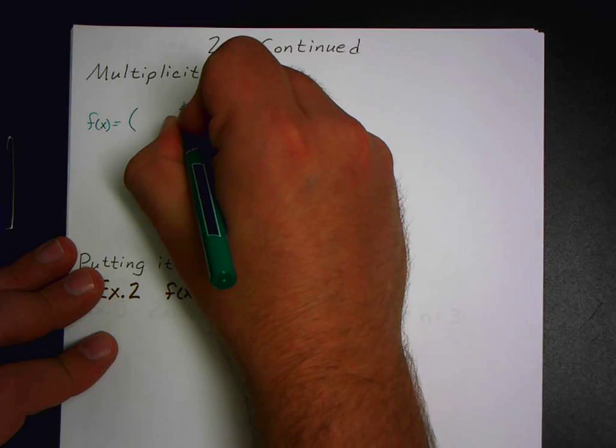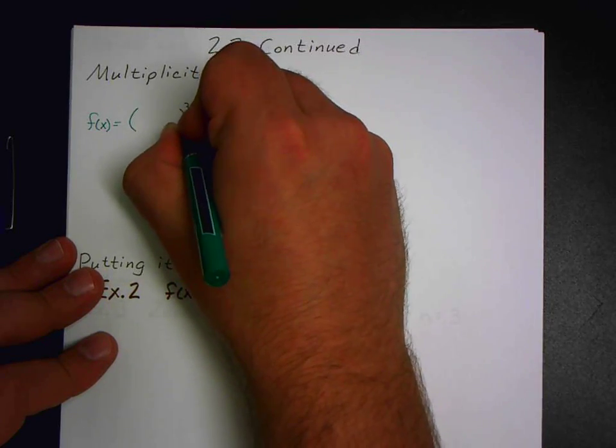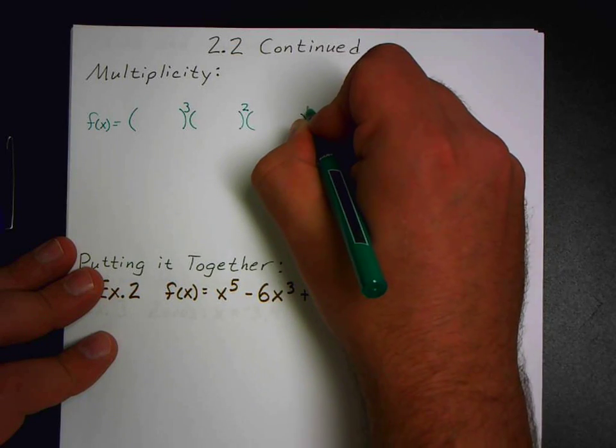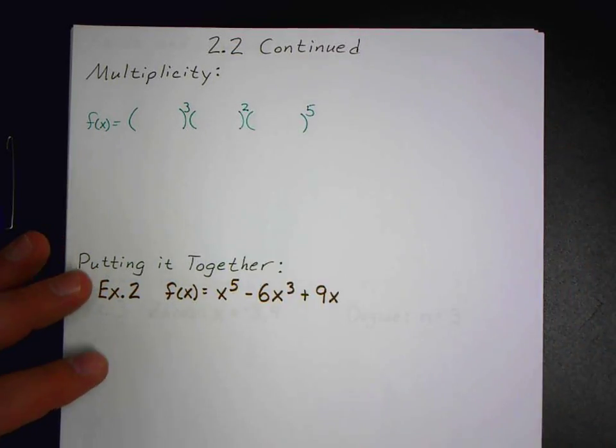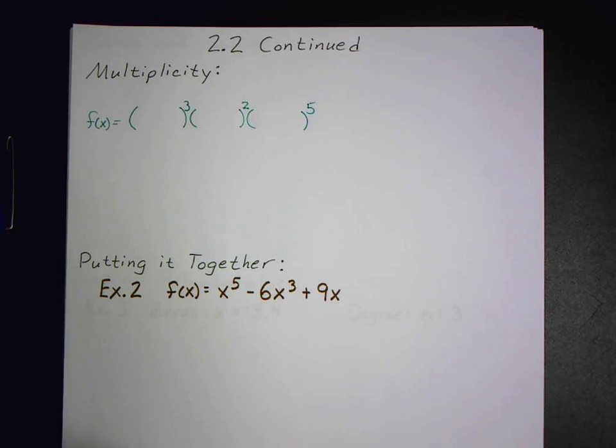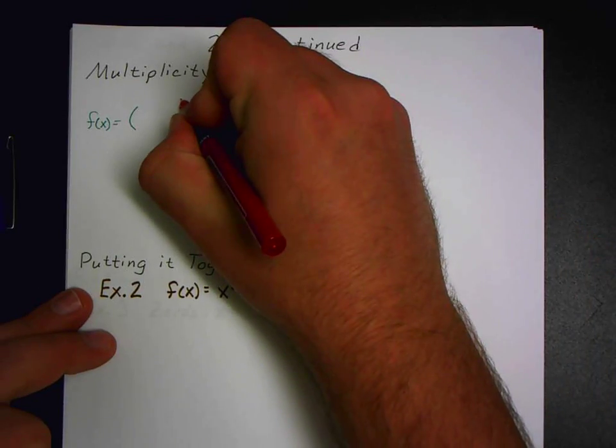But let's say that this factor happens 3 times, this factor happens twice, and this factor happens 5 times. The number of times each factor occurs, that's the multiplicity.